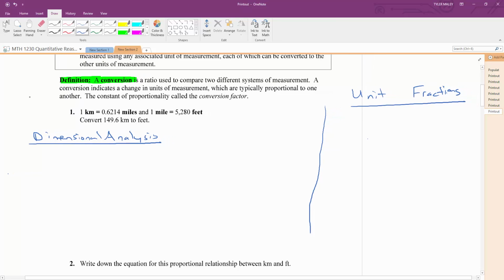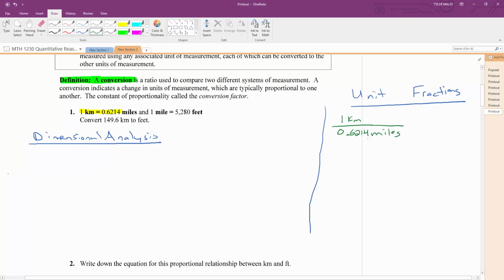So, for example, if I look at this first conversion, 1 kilometer to 0.6214 miles, then I can convert this using unit fractions. What you do is you put one side of the equation over top the other. So 1 kilometer over 0.6214 miles.